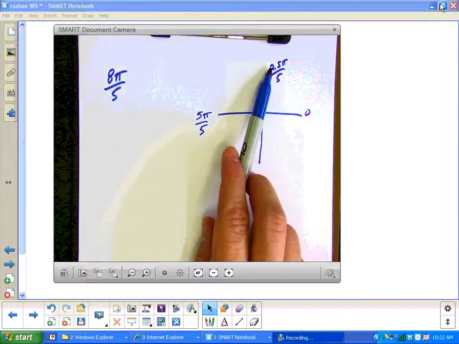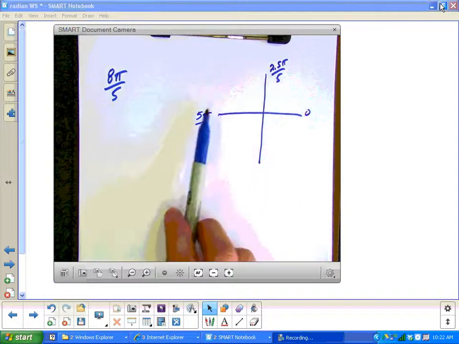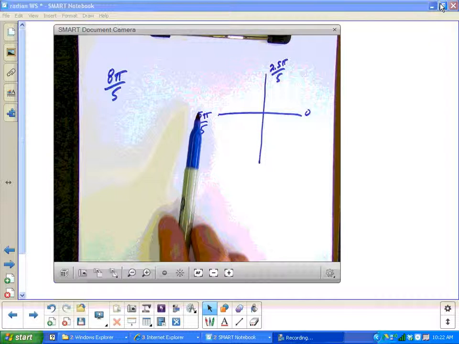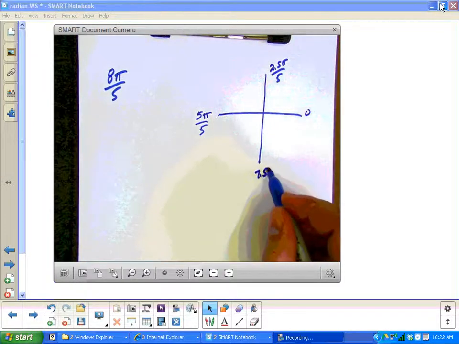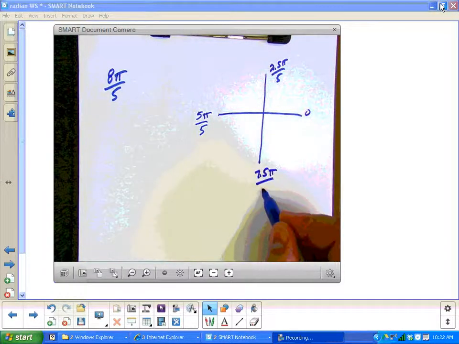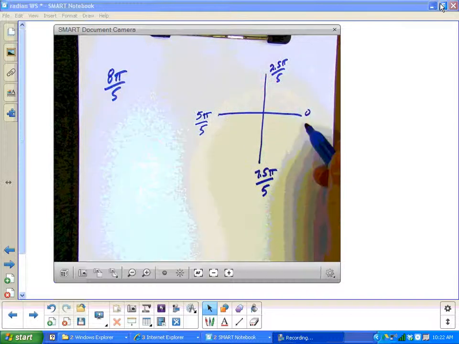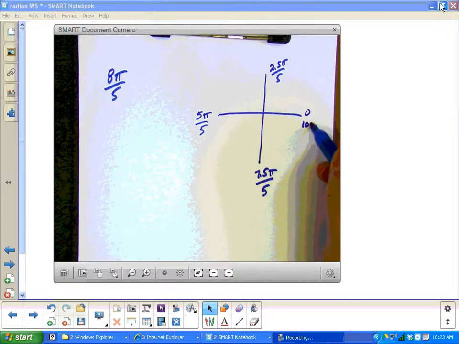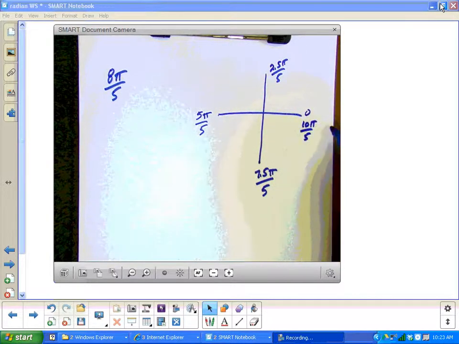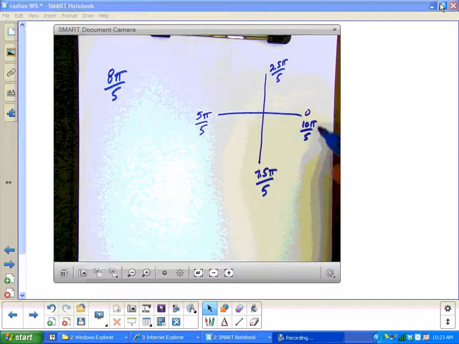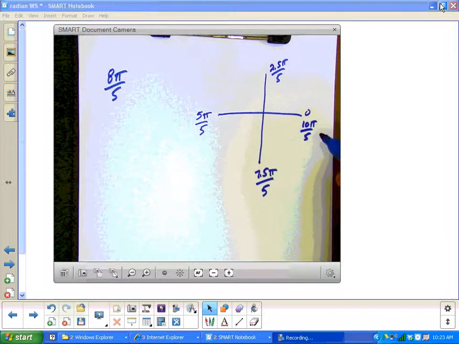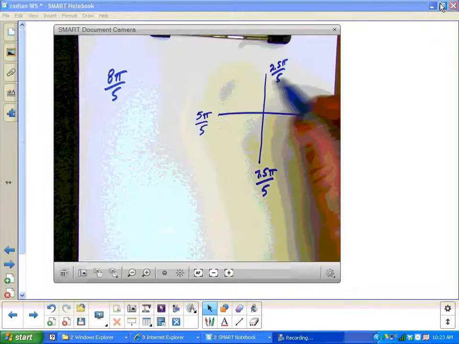So it's 2.5 pi over 5, 5 pi over 5, this one would be 7.5 pi over 5, and then this one would be 10 pi over 5, which is really how much? 2 pi. 2 pi is all the way around.